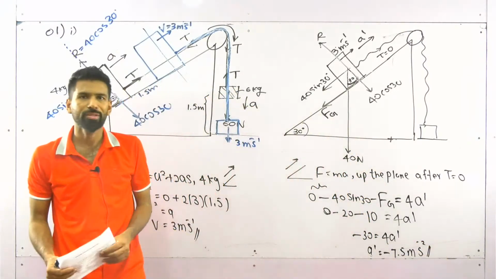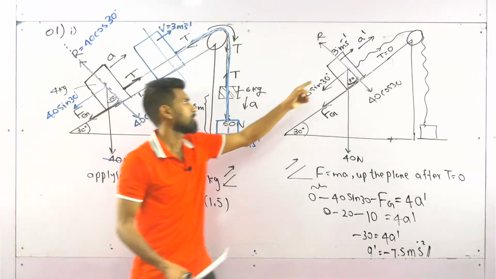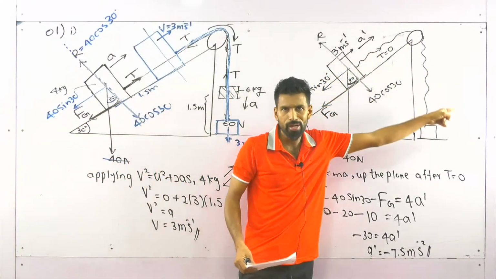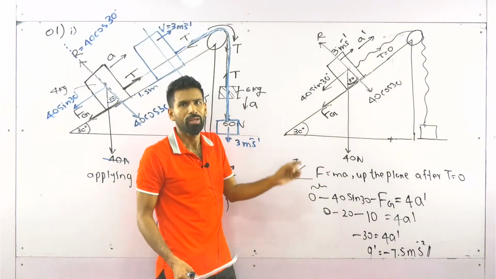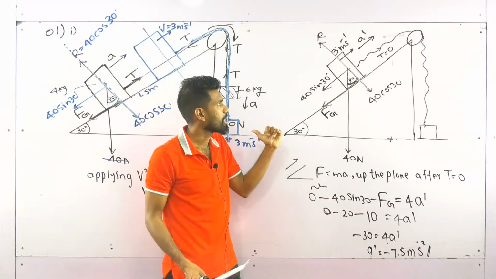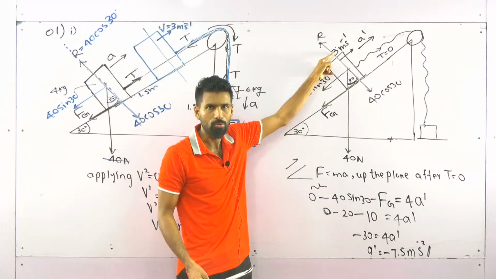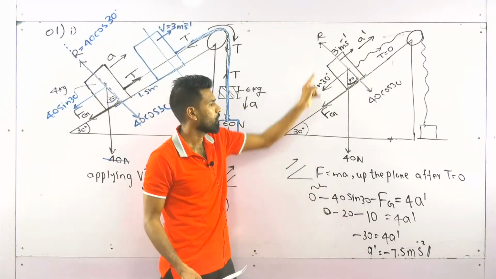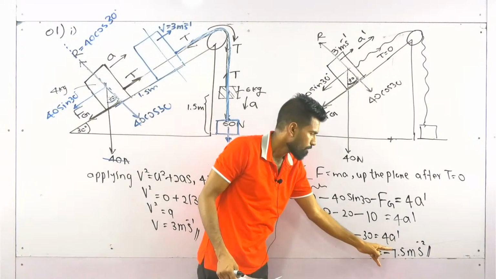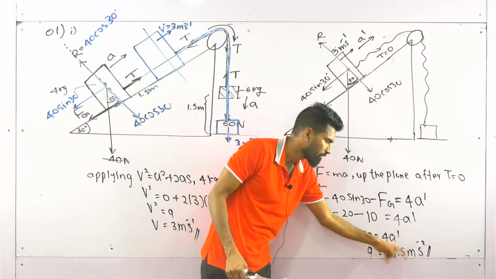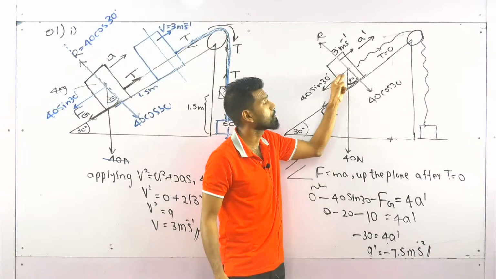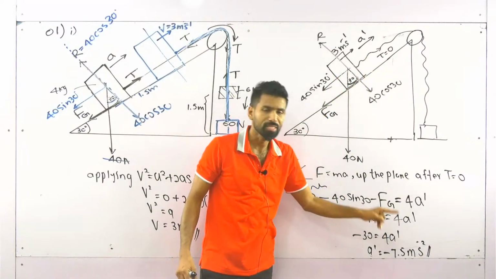Now, after the tension is lost, when the string is no longer in a taut condition, due to the previously gained velocity of 3 meters per second, as the new acceleration the 4 kg mass will receive minus 7.5 meters per square second. It's a deceleration. It will slow down.